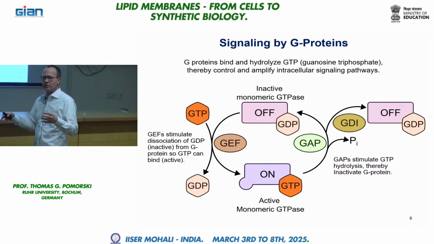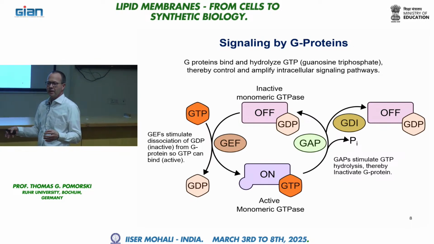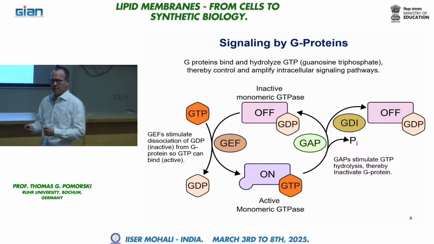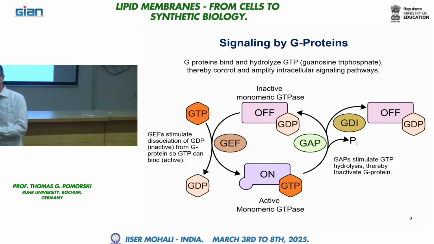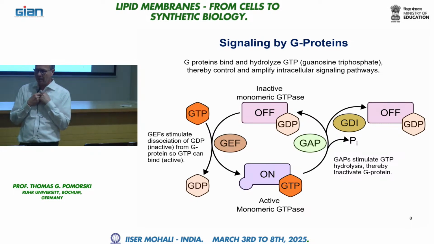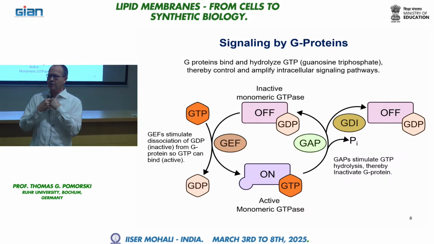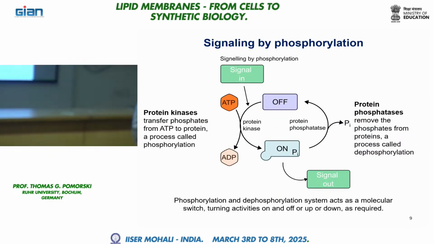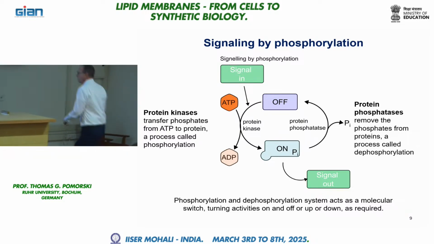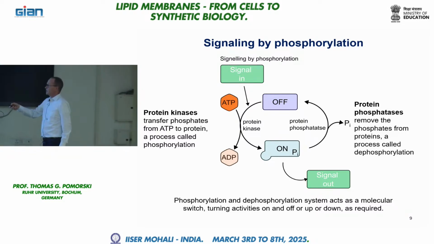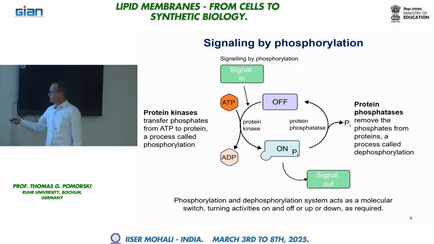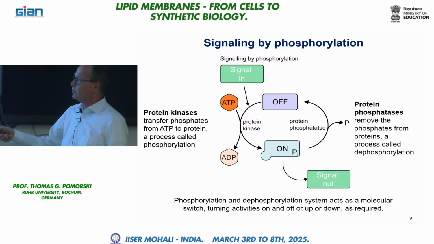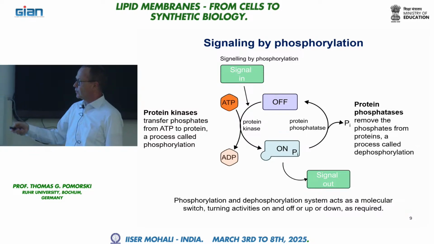It can activate switch proteins that are phosphorylated and dephosphorylated, or it can activate switch proteins that bind GTP and then hydrolyze the GTP to GDP to become inactive. Here is the example for phosphorylation: a protein in the off state gets phosphorylated into the on state, a molecular switch that can then be switched back to the off state by removing the phosphate from the protein.